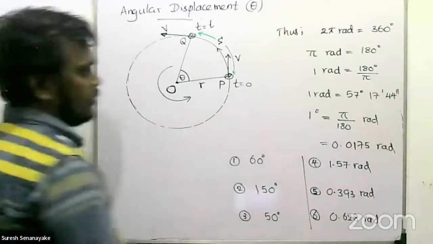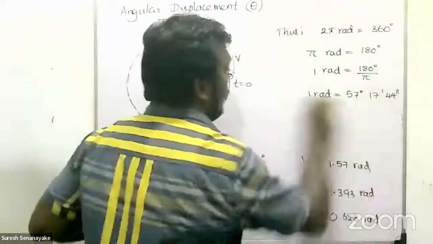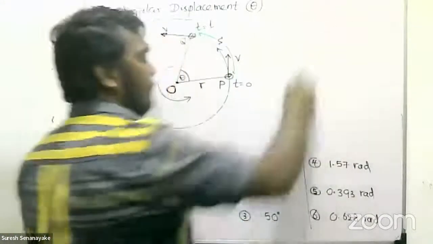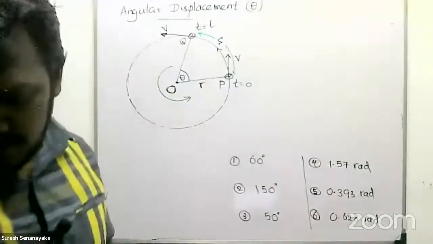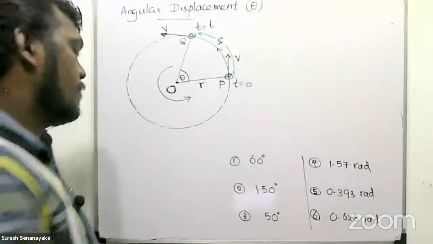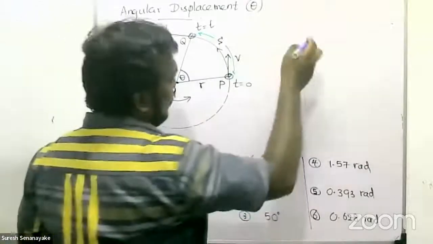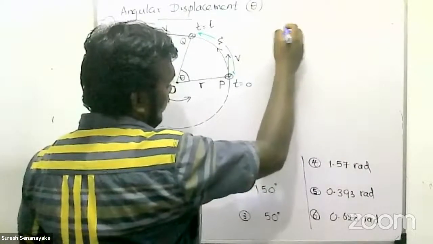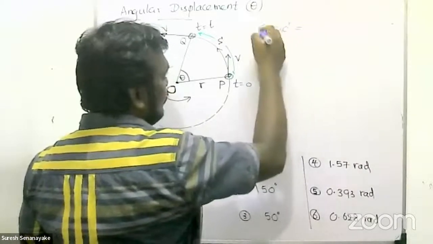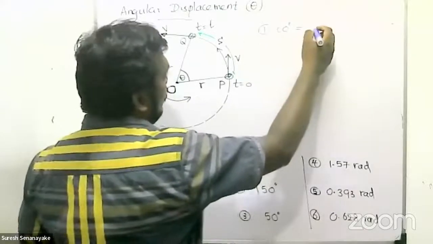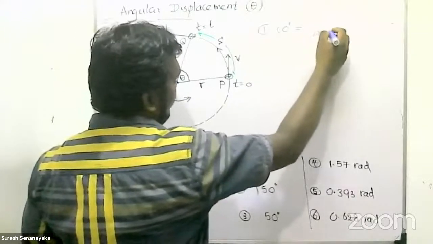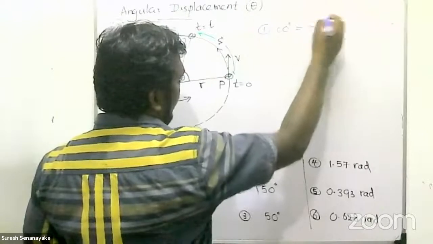All right. It is 60 degrees. Let's say 180 degrees is equal to pi radians.